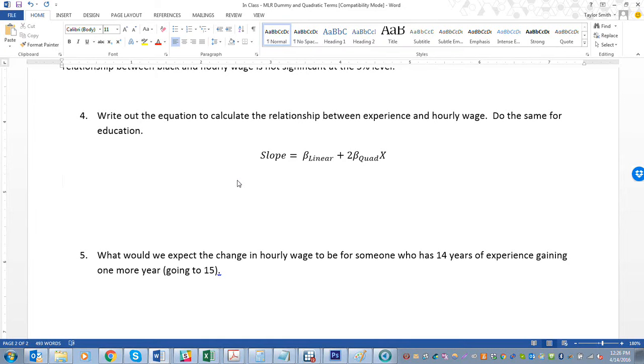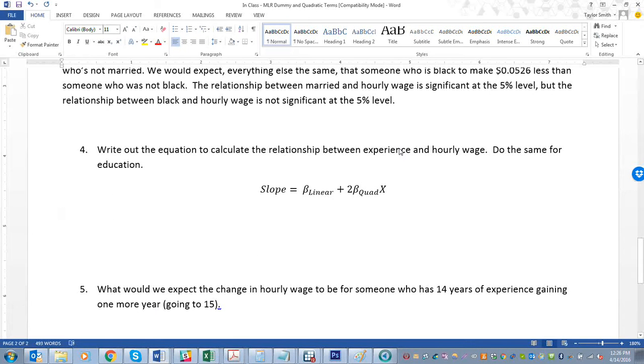Okay, so to do that, let's start by looking at experience. And again, for those of you who've had calculus, you recognize this as a derivative. This is basically the derivative of the population model with respect to some x that has both a linear and a quadratic term.